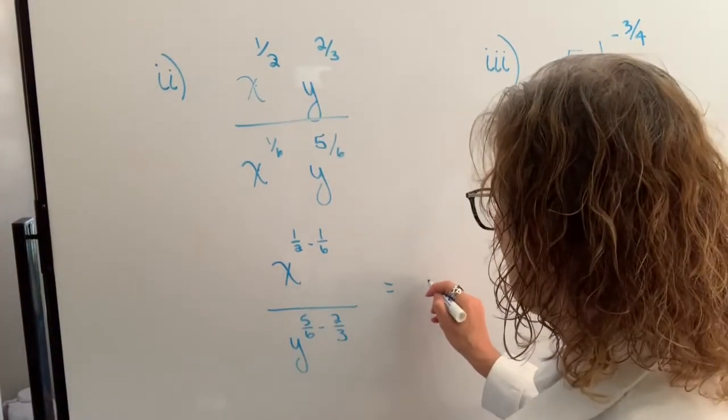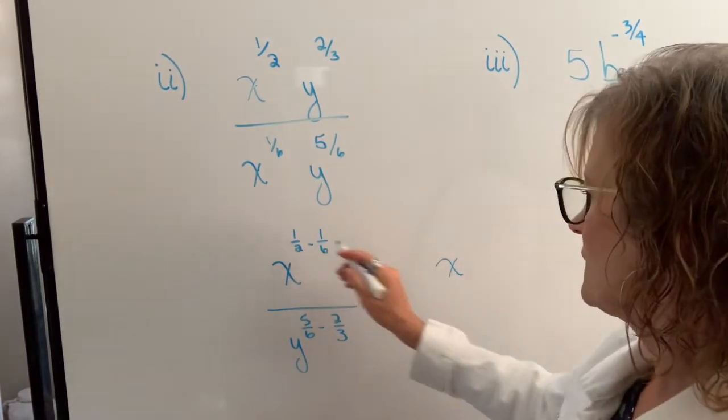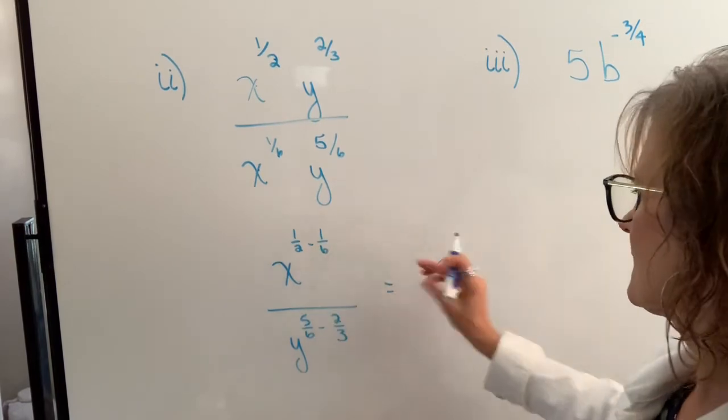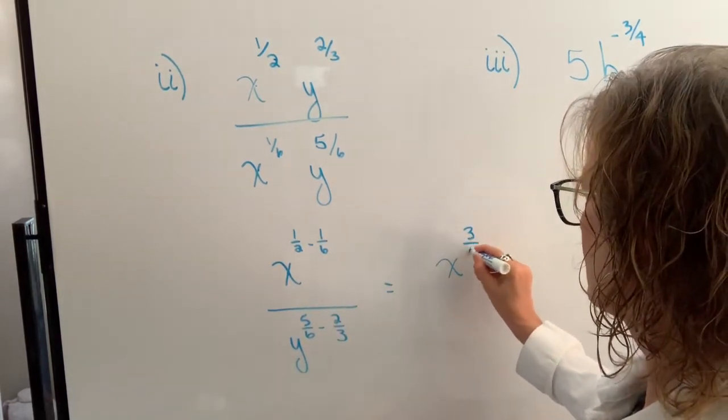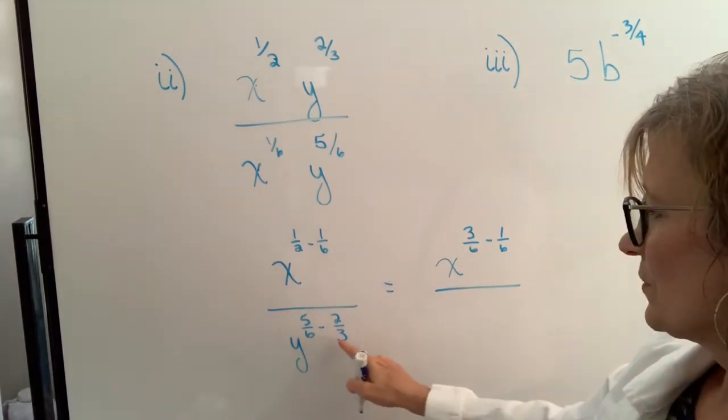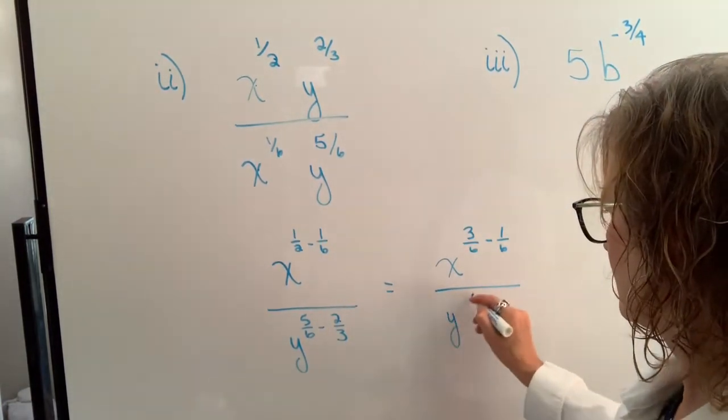And now we have to get a common denominator when we're adding or subtracting fractions. So my common denominator here is 6, so that's going to be 3/6 minus 1/6. Common denominator here of 6.